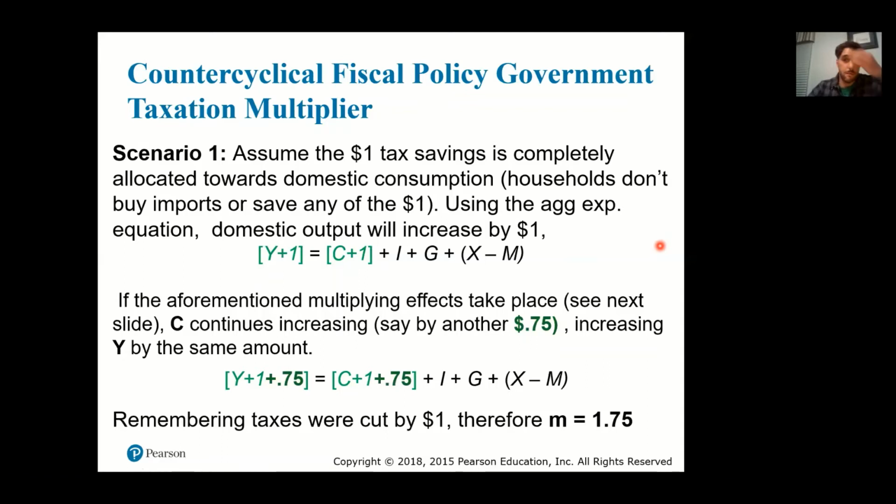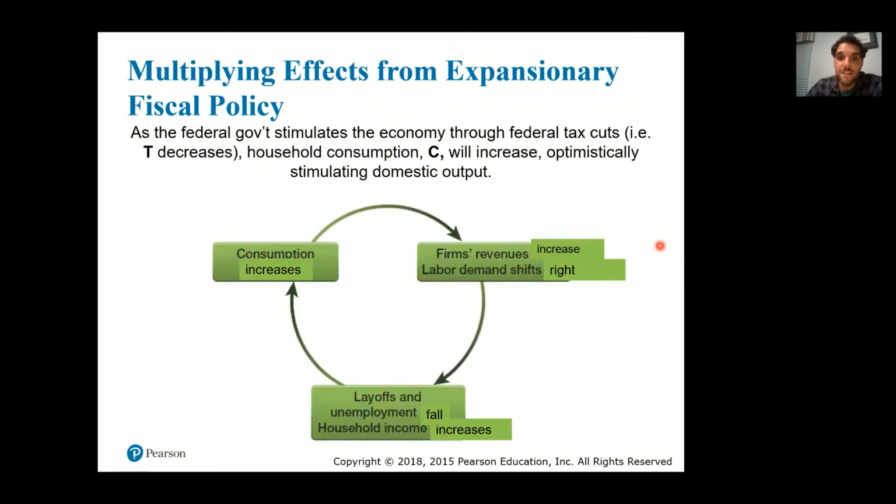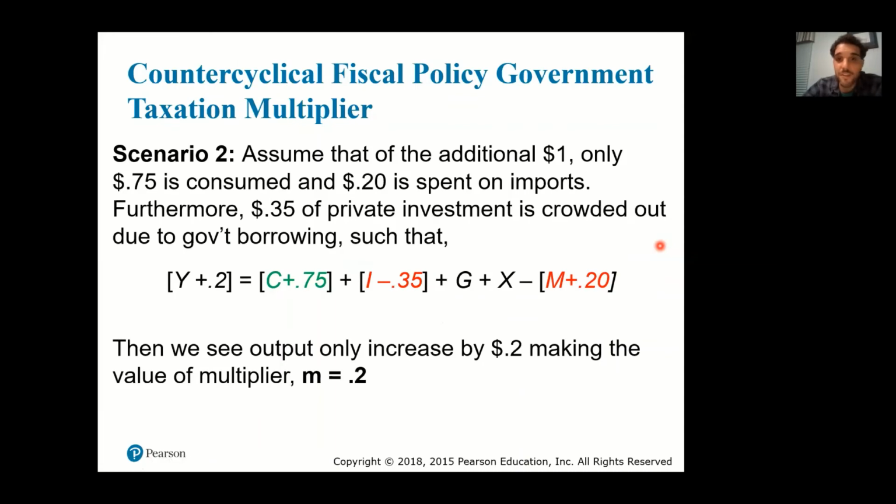Let's assume a more pessimistic outlook, meaning that the dollar of savings isn't spent entirely on domestic consumption. And additionally, let's assume there's some crowding out that takes place. So if that additional dollar in tax savings, let's say only 75% of that is consumed.